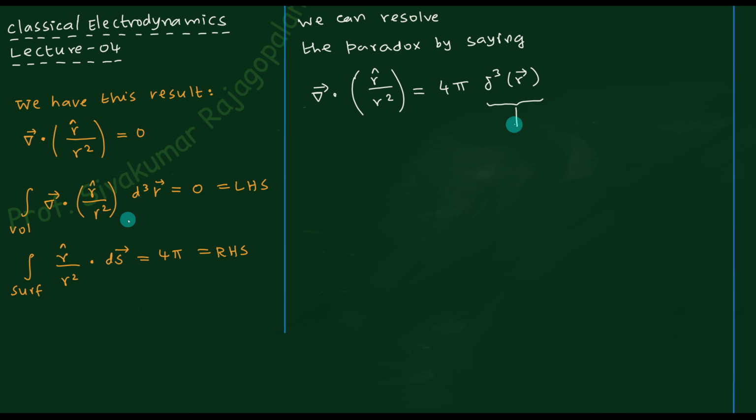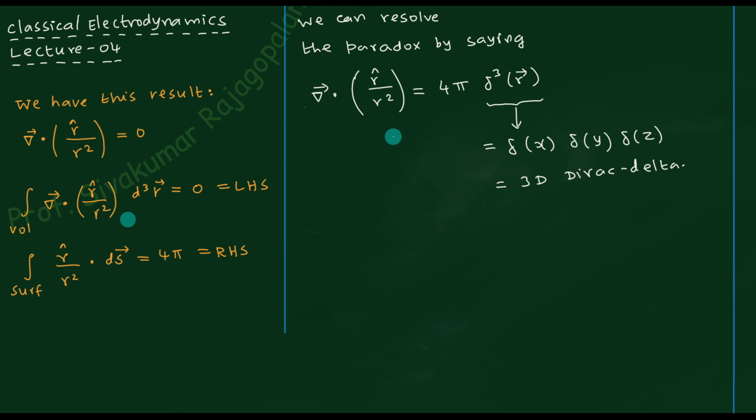This 3-dimensional Dirac delta function is basically the product of three 1-dimensional Dirac delta functions, which means you have delta x multiplied by delta y and delta z. So delta cube is nothing difficult. For each direction you have one Dirac delta function. That's all about it.